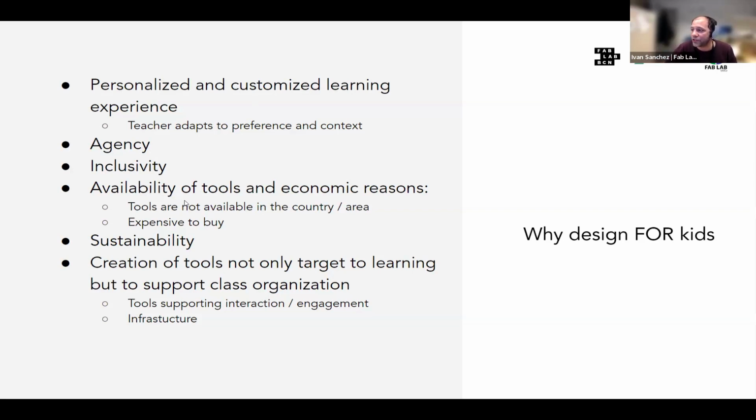A variety of tools and economic reason. This is also very important. Many times the tools are not available in your country, in your area. You want to build something specific that is either not available or is very expensive to buy. So you can try to fabricate it yourself. Sustainability, of course, well, you can recycle. And for example, this microscope that I mentioned before, it was built using recycled parts from previous projects.